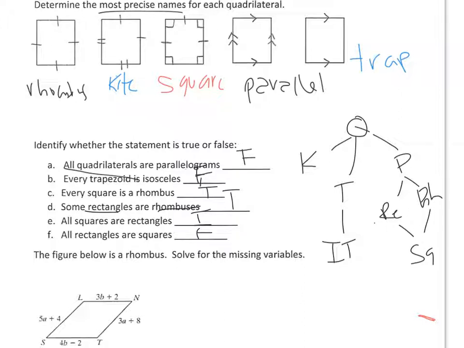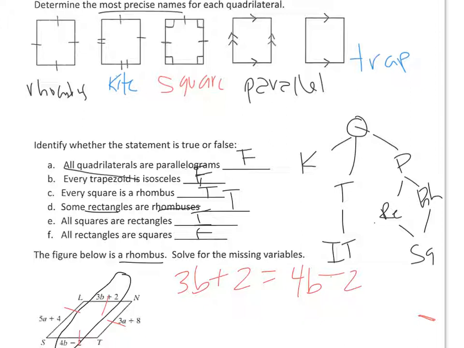And then the next part, I'm not going to do all these. I'll just explain. If we know this is a rhombus, then we know that all of these sides are congruent. So to solve for b, I would set 3b plus 2 equal to 4b minus 2 and solve for b.